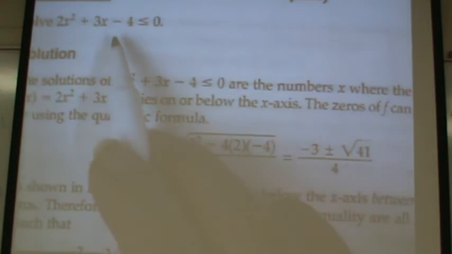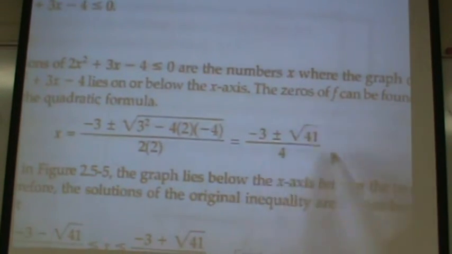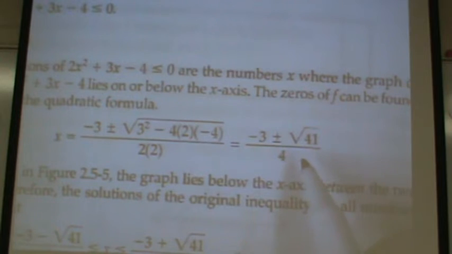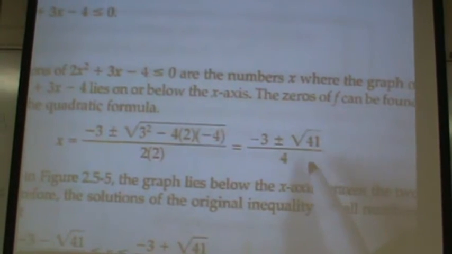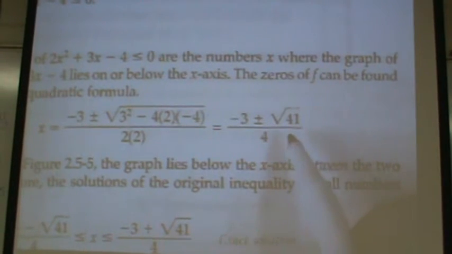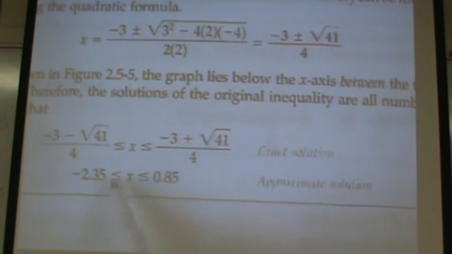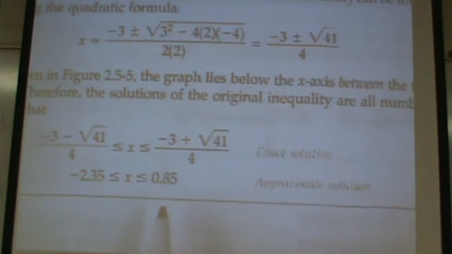You can't simply factor this one. You end up getting these 2 numbers, which I don't know exactly. If I had to test a point to the left or to the right of this, I would need to convert this answer to my decimal equivalent answers so I can test a point.